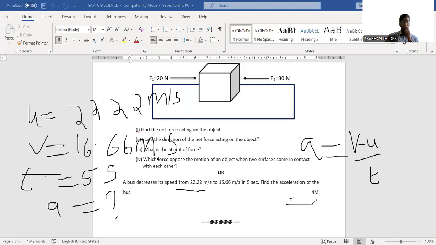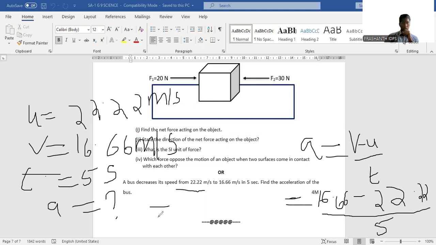So what is the v value here? 16.66 minus, what is the u value? 22.22 divided by, what is the time taken here? 5. Okay, time is 5. If you solve this, I have already solved it here, you'll be getting minus 5.56 divided by 5.